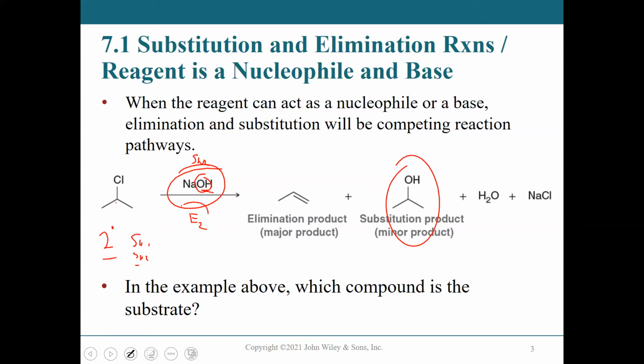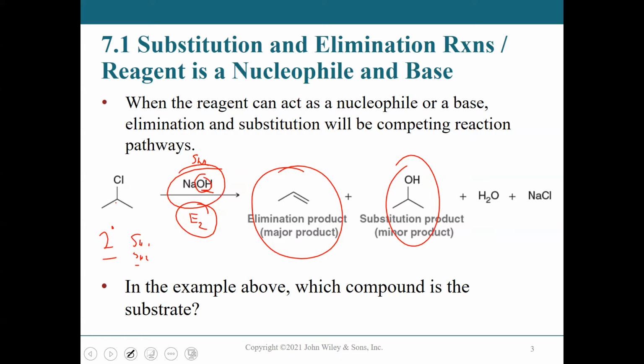Therefore, it will do an E2 reaction, which is your elimination. As you can see here, it says elimination product, major product. That means that in this particular reaction, elimination is favored, more favorable than the substitution. Why? Because OH is a better base than nucleophile, so definitely it will do a better E2 reaction.